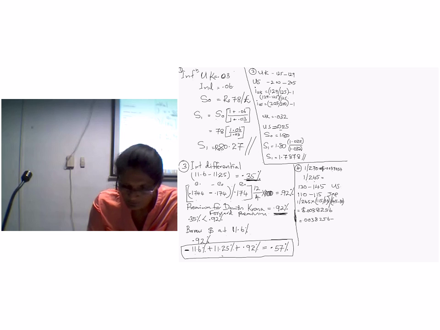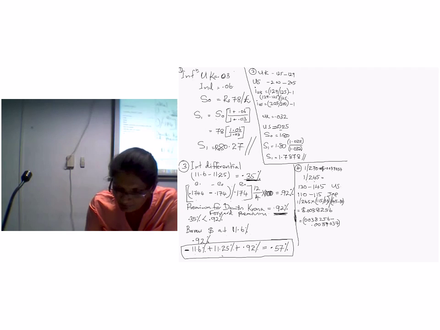We have to deduct the initial one and divide by the same initial one, 0.0037037.